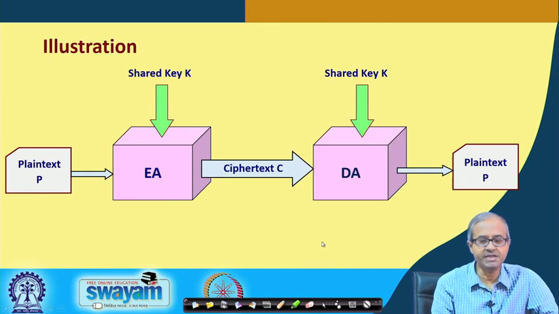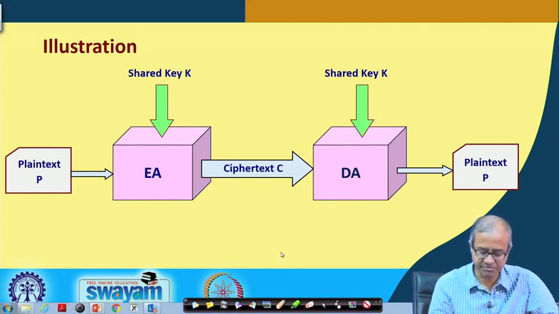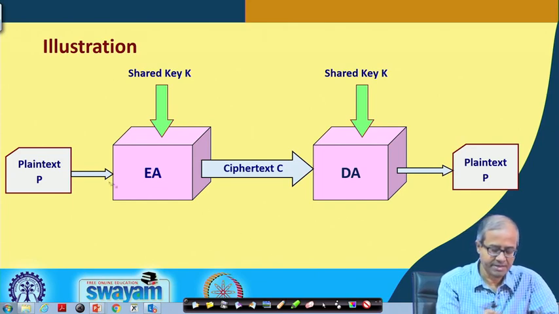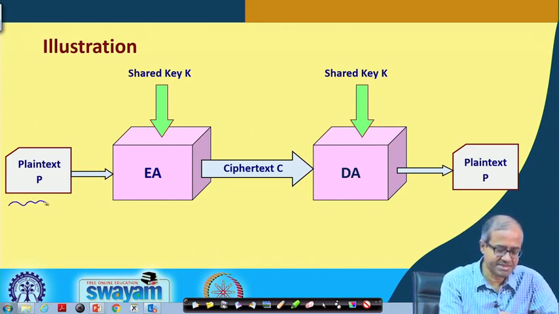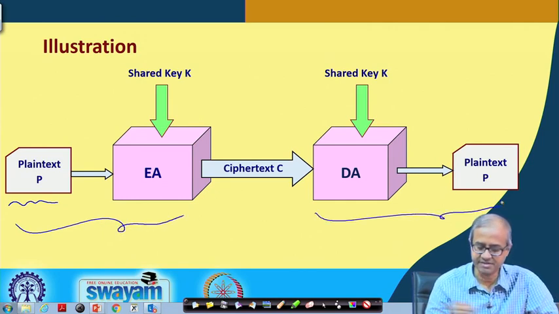Now, pictorially the same process as I have just now said is depicted in this diagram. Now, in this diagram if you see, here is your plain text, this is the sender side and this is the receiver side.